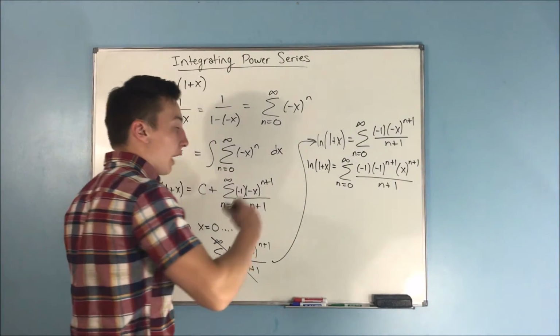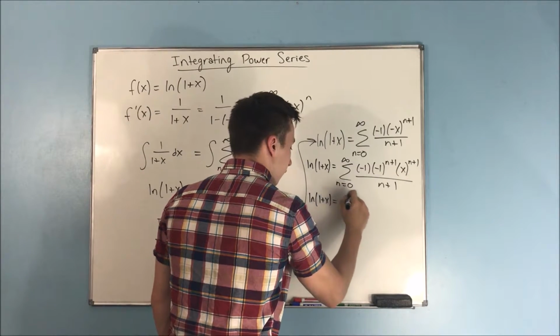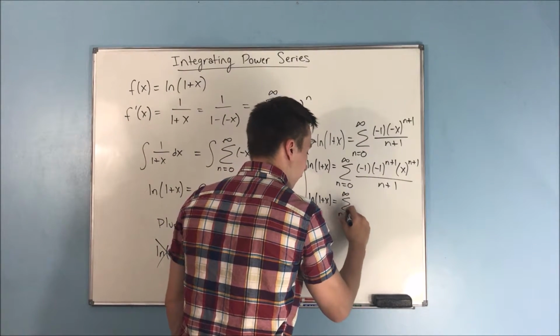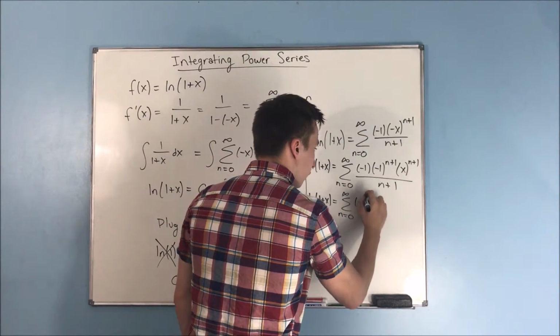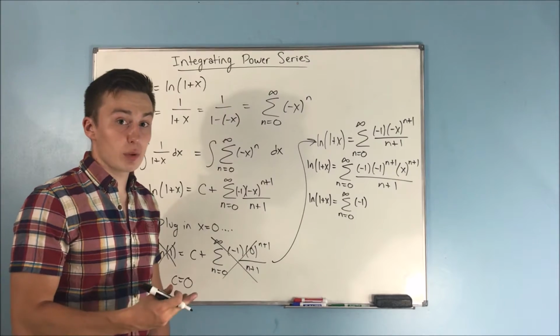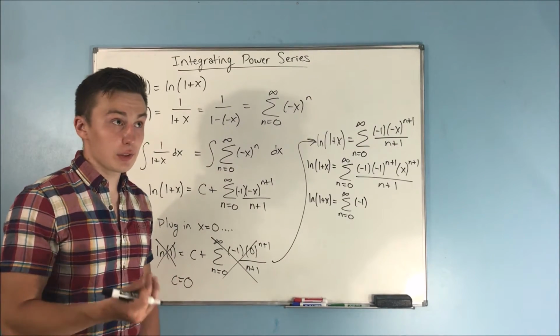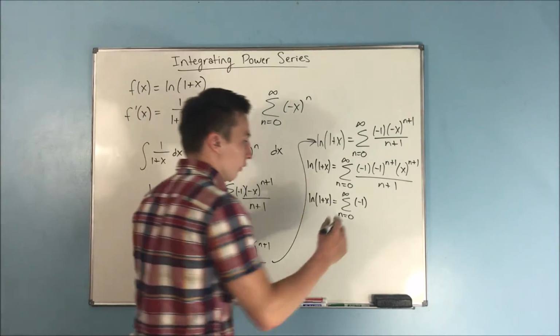Now we can write that as natural log of 1 plus x equals the sum from n equals 0 to infinity of negative 1, well, what power is this going to be to? This will be negative 1 to the n plus 2. That's also the same thing as saying negative 1 to the n. They do the exact same thing.